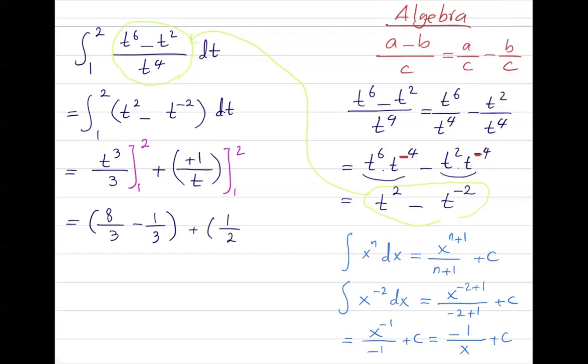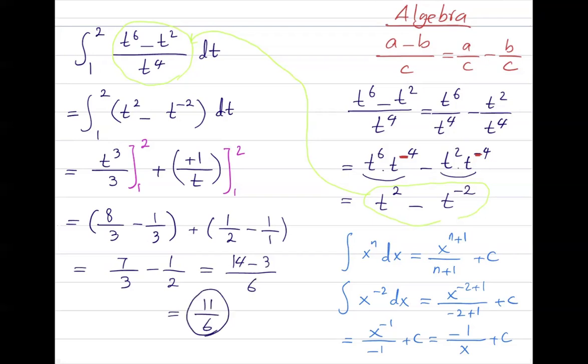You get a half minus 1 over 1. So you have 7 divided by 3 minus, if you combine this together, negative a half. With 6 as the common denominator, 14 minus 3, or 11 over 6 is the final answer for this definite integral.